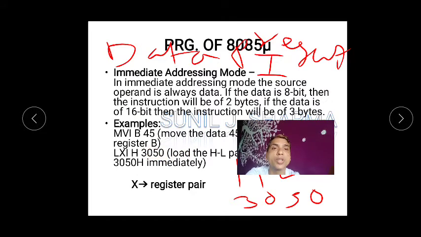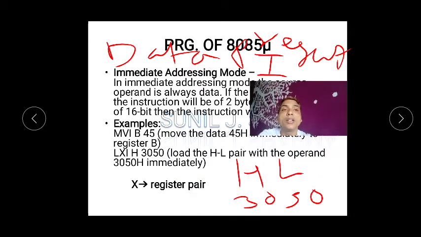Because it is written as 3050, and every digit takes 4 bits, so there will be 16 bits. If you find X in the instruction, they are talking about a register pair. H will be storing 30 and L will be storing 50.